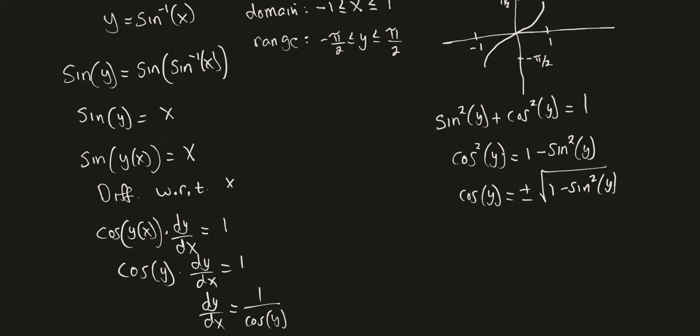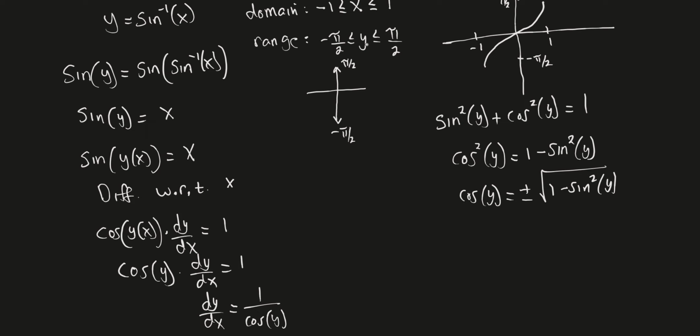Now, let's think about this for a second. Here's the range of y. These are the possible values of y. If I put this in my quadrants, negative pi over 2 is down here, and positive pi over 2 is up here, and we're looking at all the values in this range.